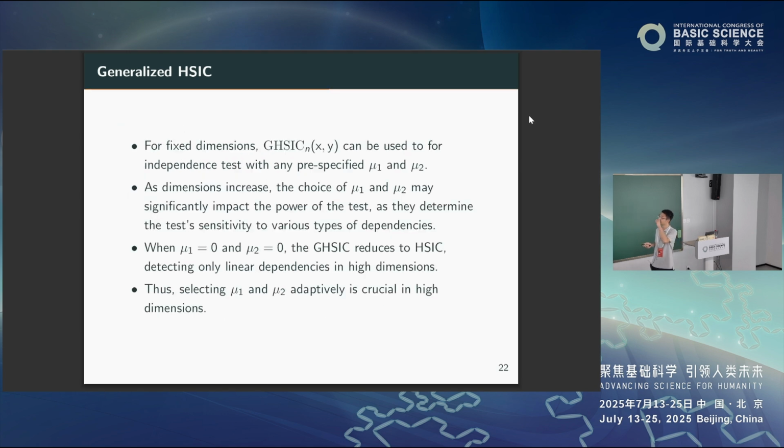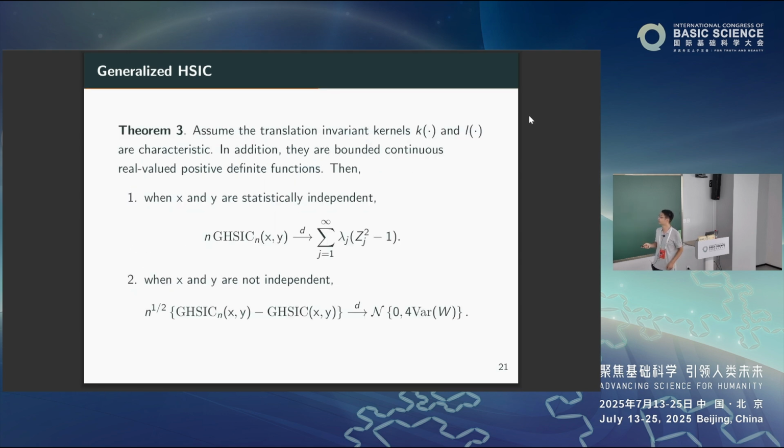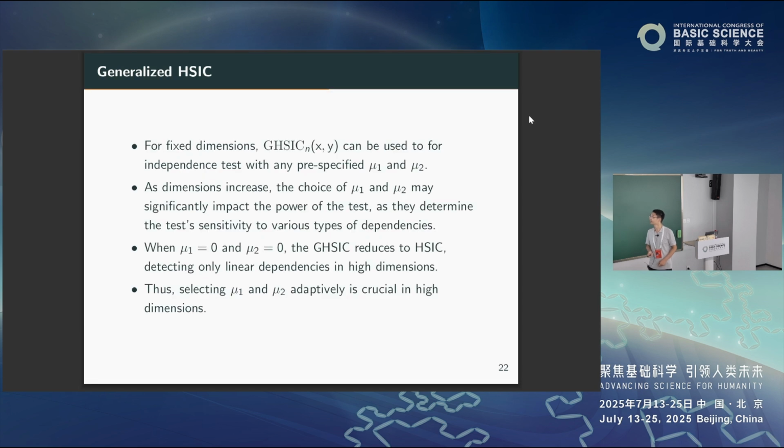So this result indicates that when the dimensions are fixed, the generalized HSIC can be used for independence testing with arbitrarily pre-specified mu1 and mu2. So the choice of mu1 and mu2 may not be sensitive if the dimensions are fixed.